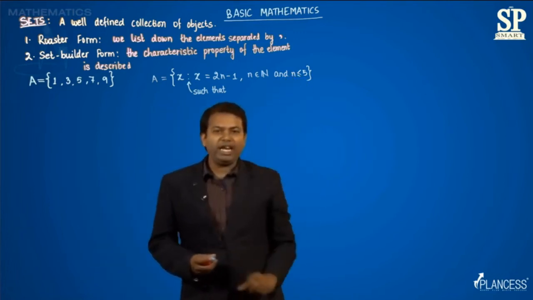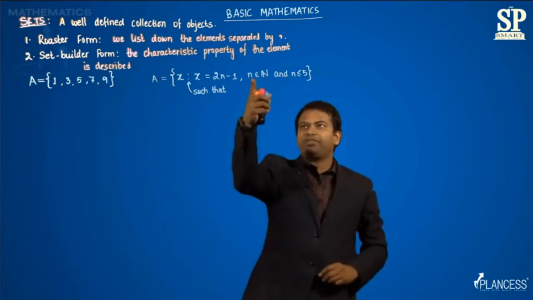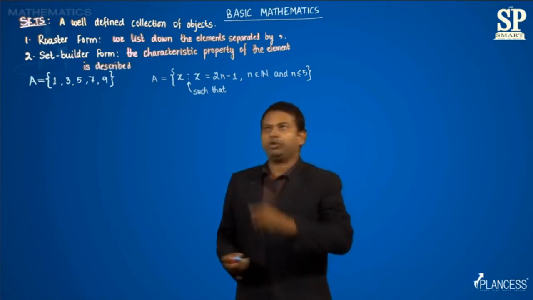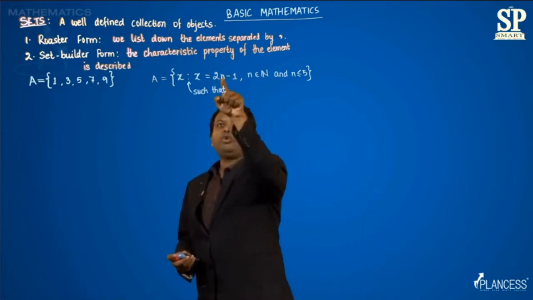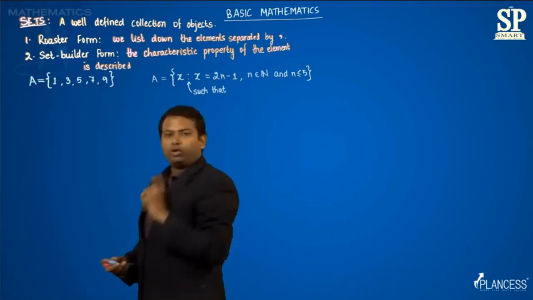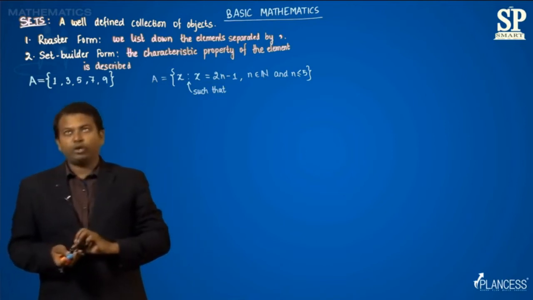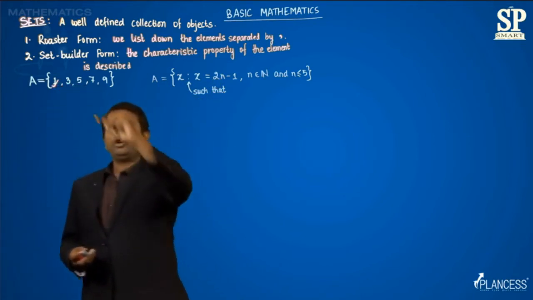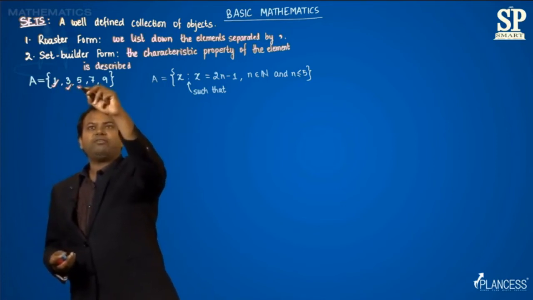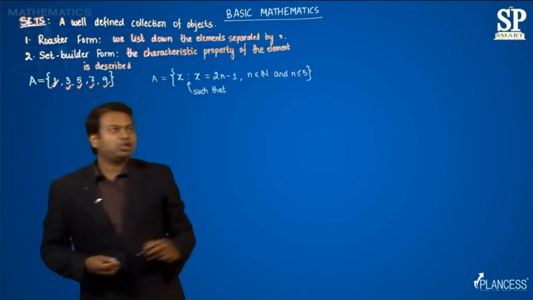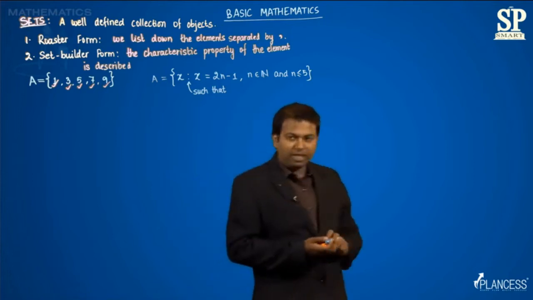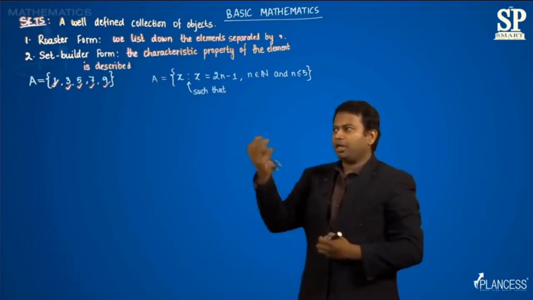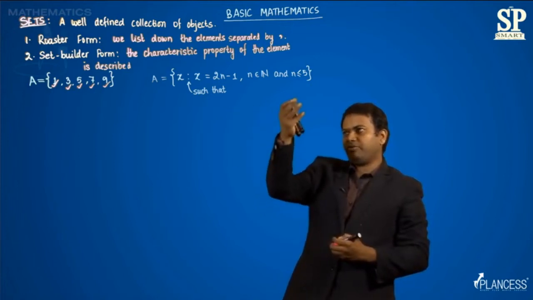So if we put n equal to 1, which satisfies these two conditions, 1 is a natural number and it is less than or equal to 5, we have 2n minus 1 makes it 2 minus 1, that is 1. So here we get our first element. If we put n equal to 2, we get 3 and so on, we get 5, 7 and 9. So we have all the elements which were written in the roster form by this method as well.